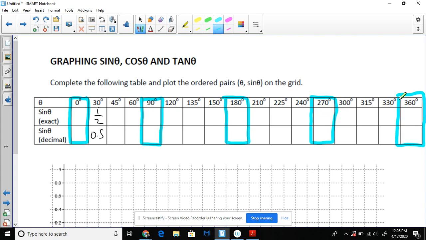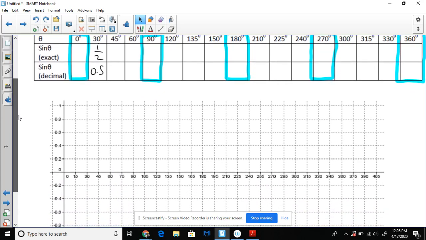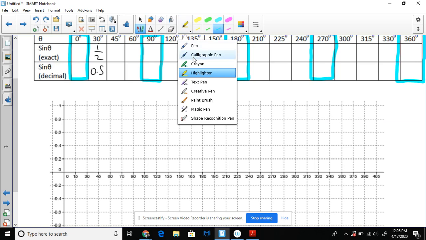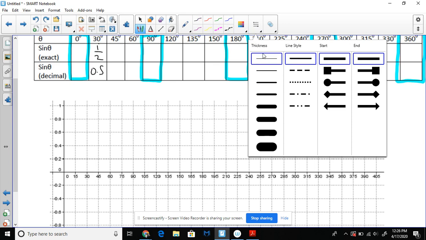So if we scroll down here, when we graph it, all we're going to do is, when we filled these numbers in, if you refer to your note and the solution that I posted online, right?